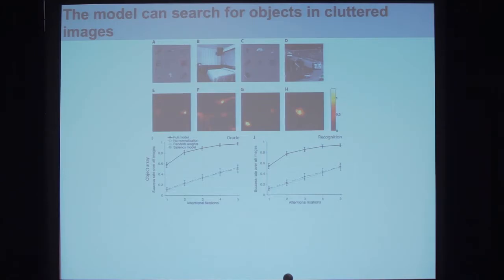We can do this either in the situation where we tell the model to stop looking, or the model itself has to realize when it actually found the object. We can do this in images that contain isolated objects, and to a lesser degree as well in complex images with natural backgrounds.